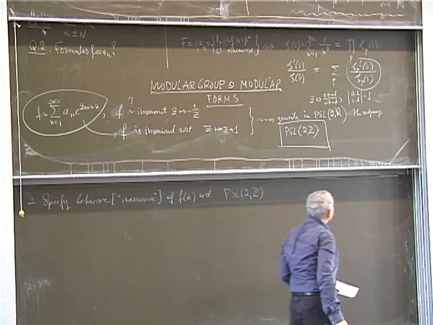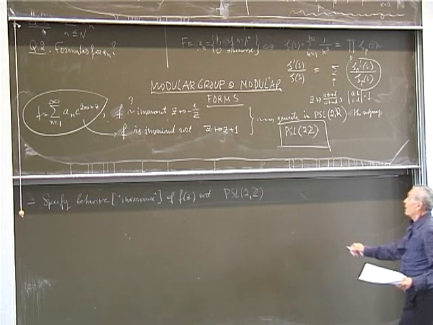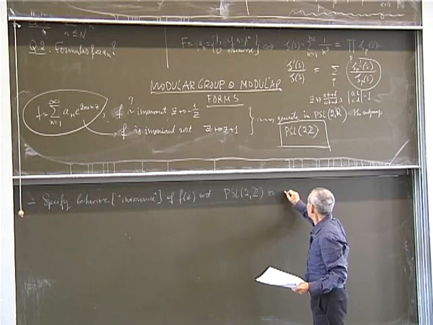Well, okay, I have allowed also not necessarily the transformation z to minus 1 over z, but to minus 1 over n of z. Then a subgroup of finite index appears.